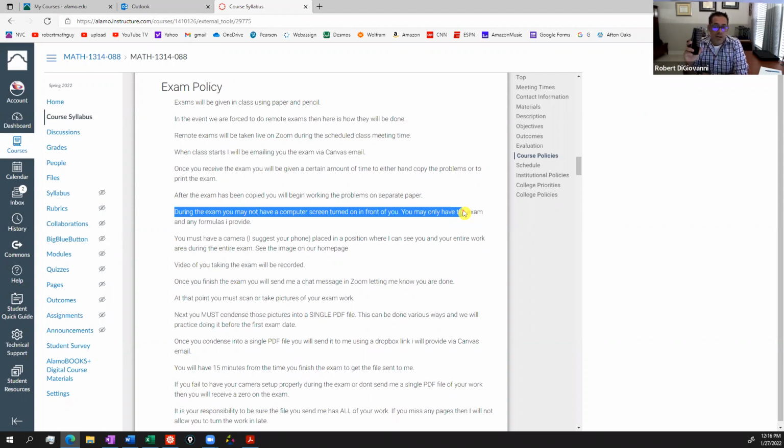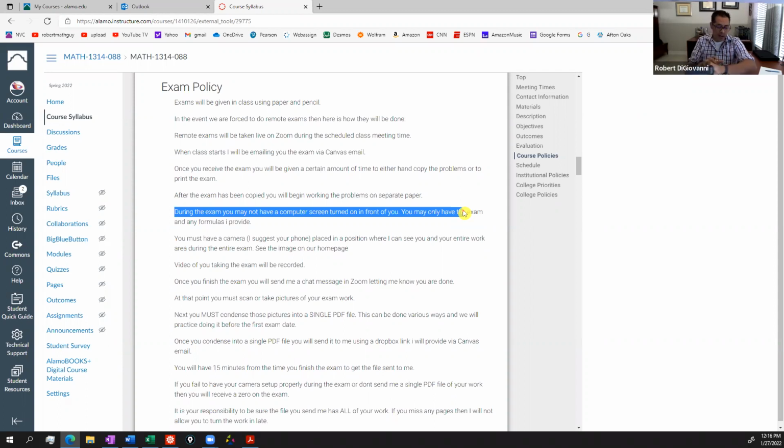And the reason for that is that I'm going to want you to be able to move your camera in a way that I can kind of see what's around you. Because it's very easy on a test like this for you to be sitting there, all I see is your face, and little do I know you have all this other stuff out. You're on the web looking up answers. Okay, I need to see more than just your face.